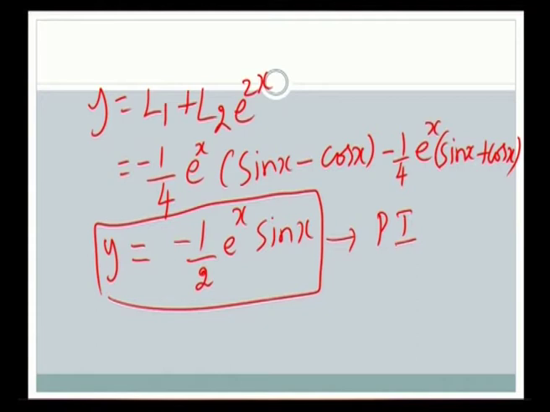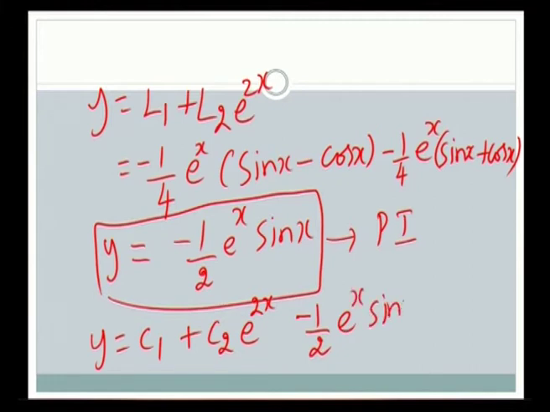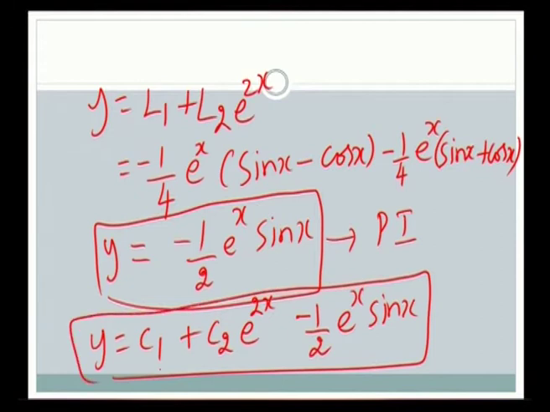So, the complete solution is y is equal to C1 plus C2 e power 2x minus half e power x sin x.